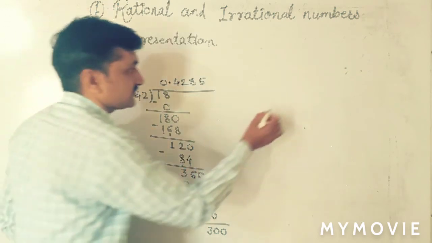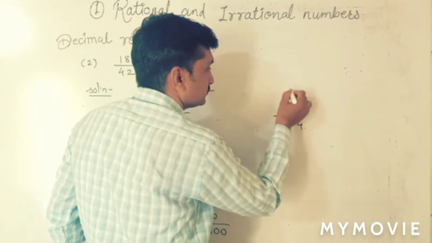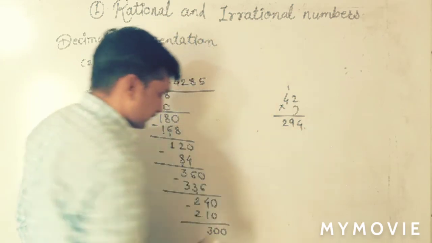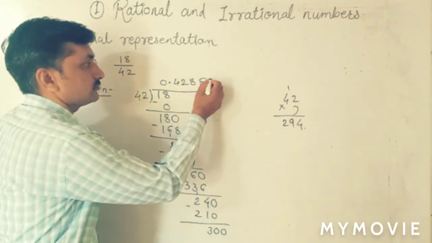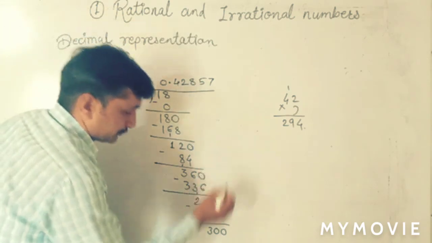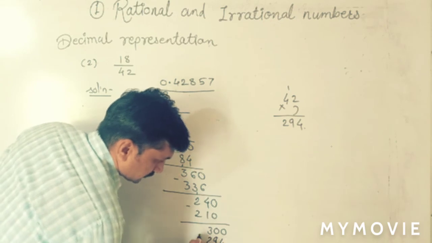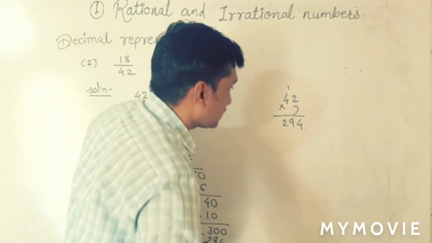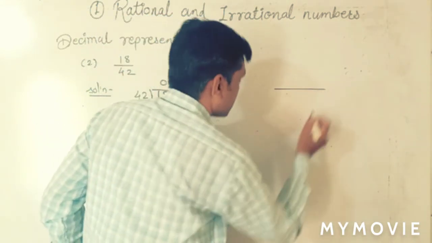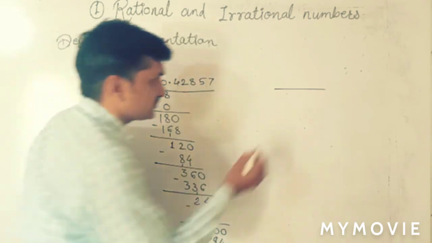Then check 7. 42 7s are. 7 2s are 14. 7 4s are 28 plus 1, 29. 294. 7s are 294. Now subtraction, I write this side. How much? 300 minus 294, 6.